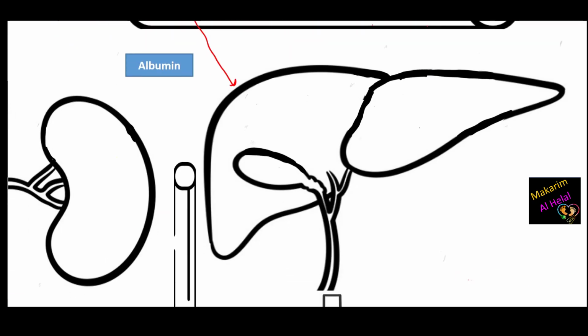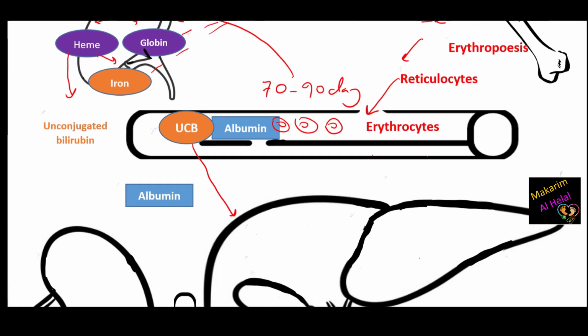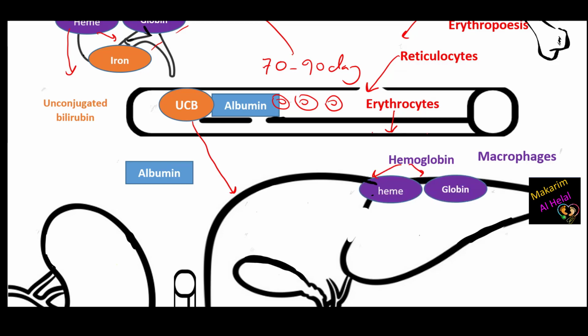So, I'm going now to the liver. Also in the liver, there are its own macrophage cells. And like what I said previously, macrophage cells degrade the erythrocytes and release hemoglobin. Hemoglobin will be broken into two components, heme and globin.